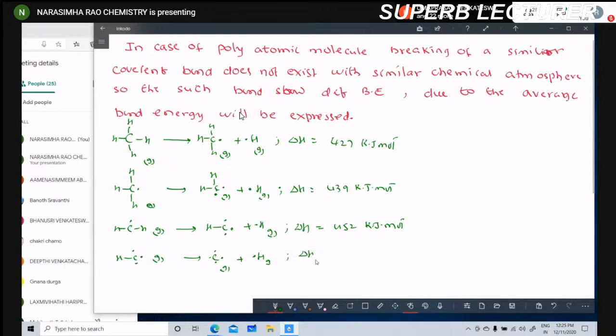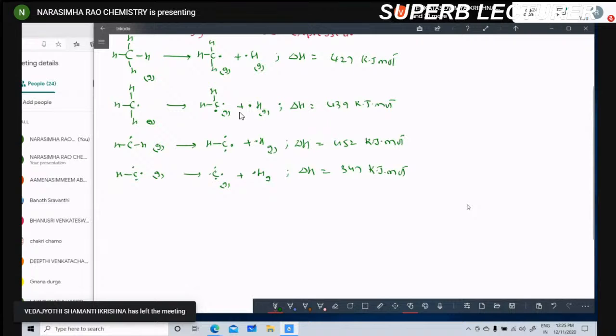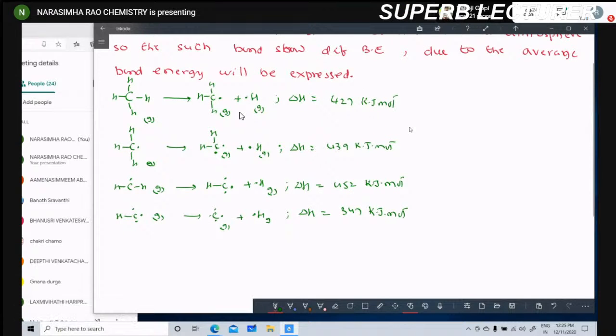For this process, delta H is equal to 347 kilojoule per mole. Right, children? In this explanation, all bonds are breaking by participation of C-H only.